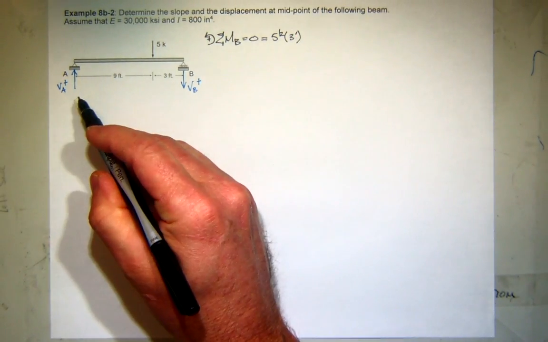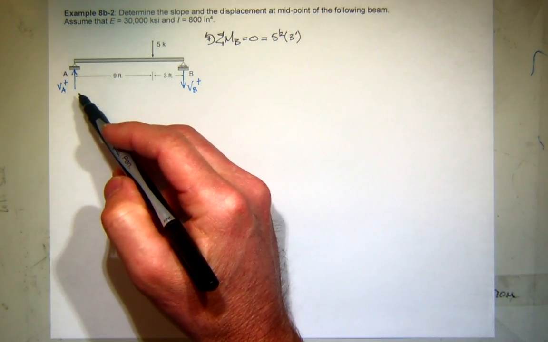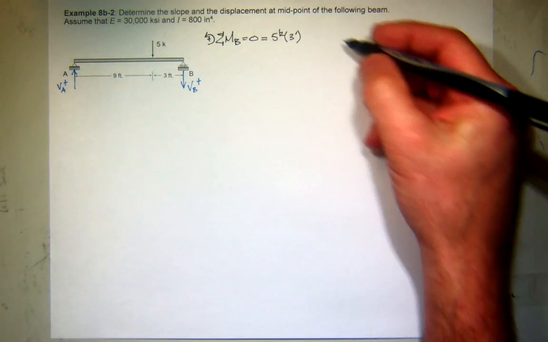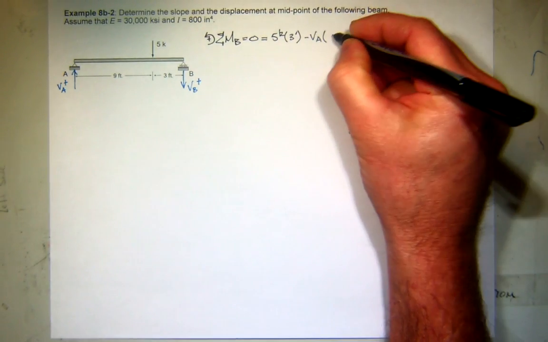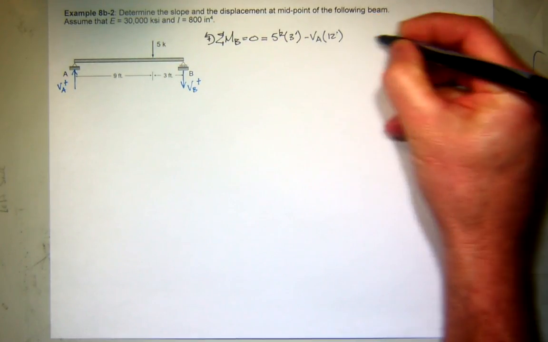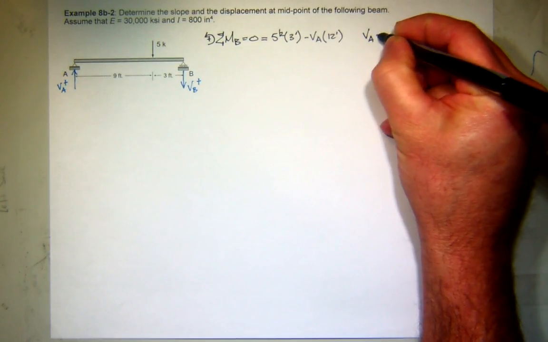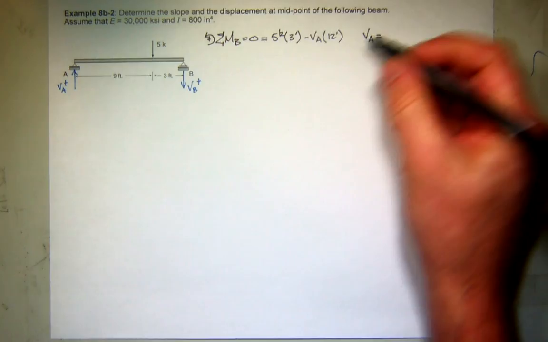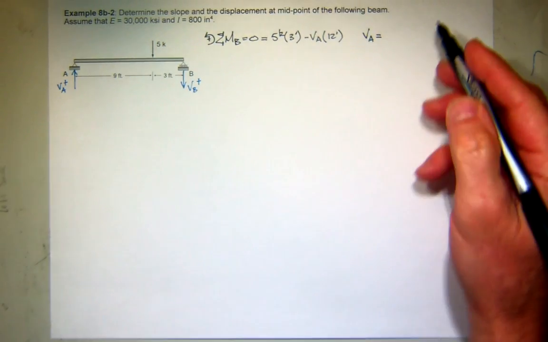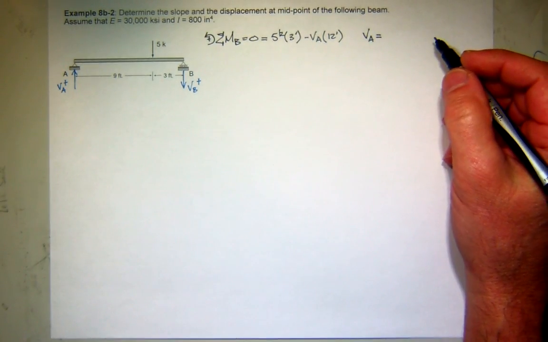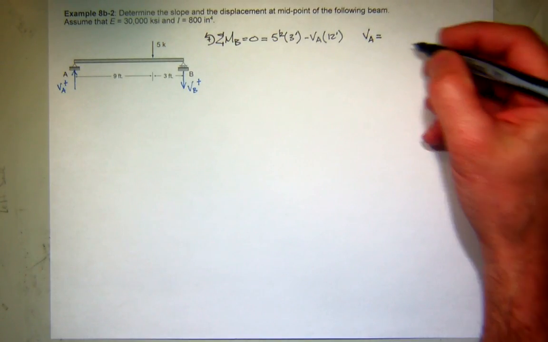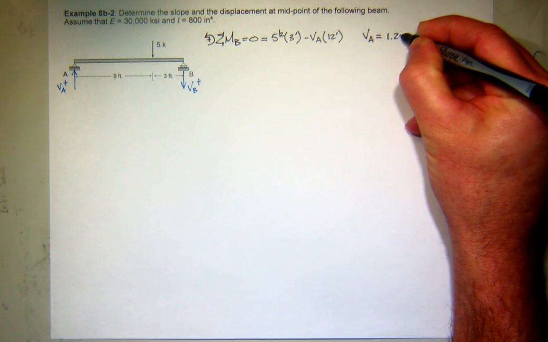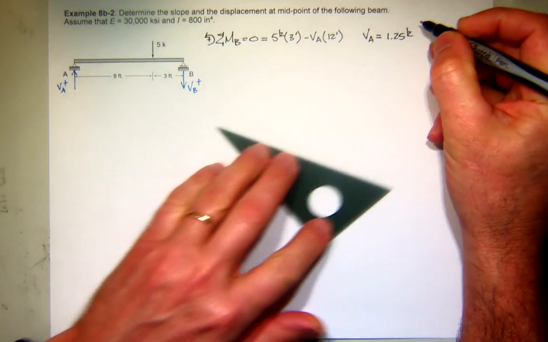And then I have my positive shear at A. That creates negative moment about B, and that has a moment arm of 12. So it looks like the shear at A is going to be 15 divided by 12. What is that, 1.25? So 1.25 kips is my shear at A.